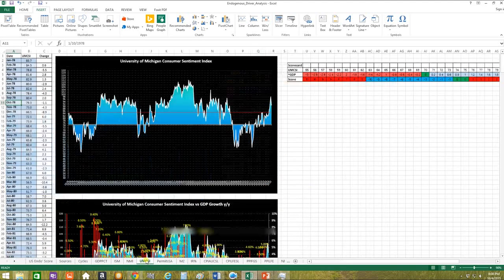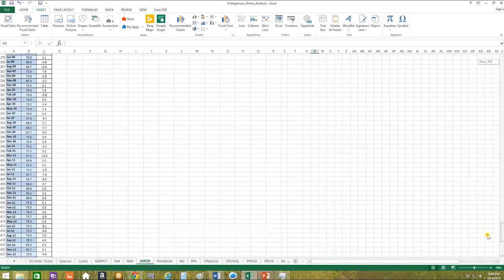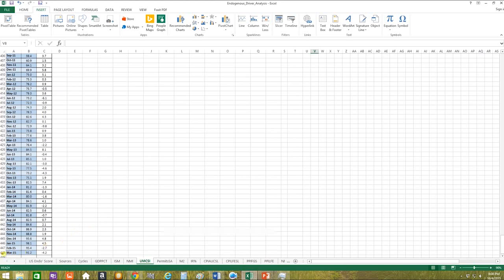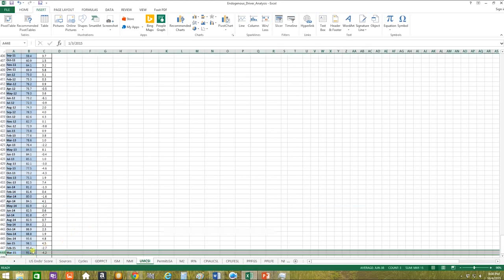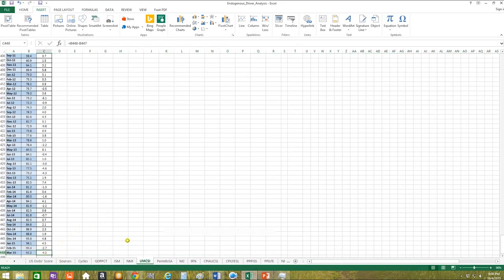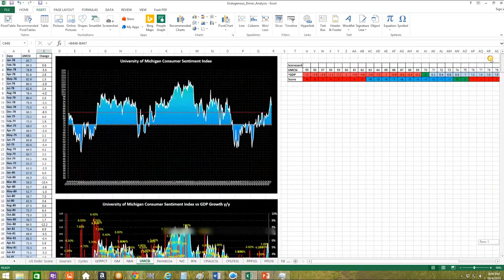Now, if we go into the UMCSI, we can have a look at the way we get the score here. The UMCSI is coming in at 91.2 for March, and the figure is -4.2 in terms of change month on month.